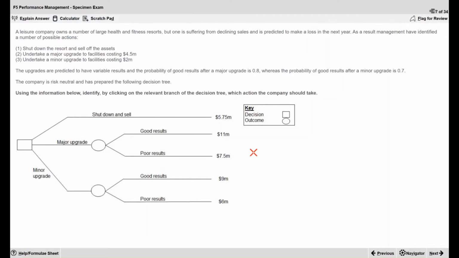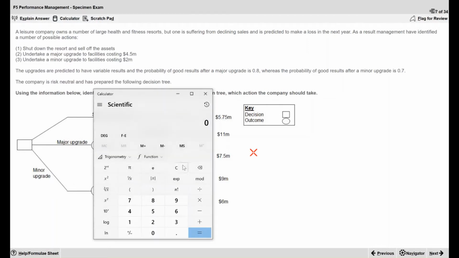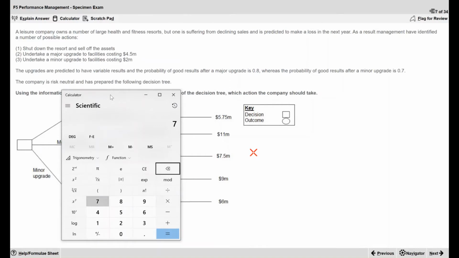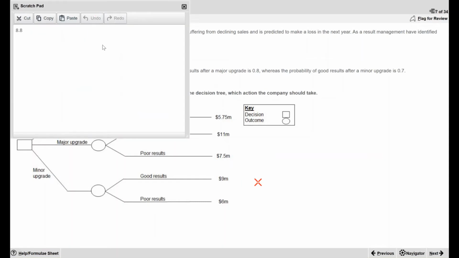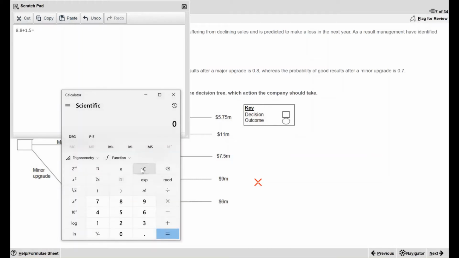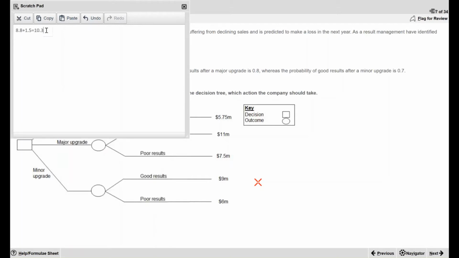And the poor has probability of 20%. So 7.5 multiplied by 0.20, which is 1.50, plus 8.80. So total becomes, I always check figures with calculation. I don't trust myself with calculation. So 8.80 plus 1.5 becomes 10.30. This is the value of major upgrade.